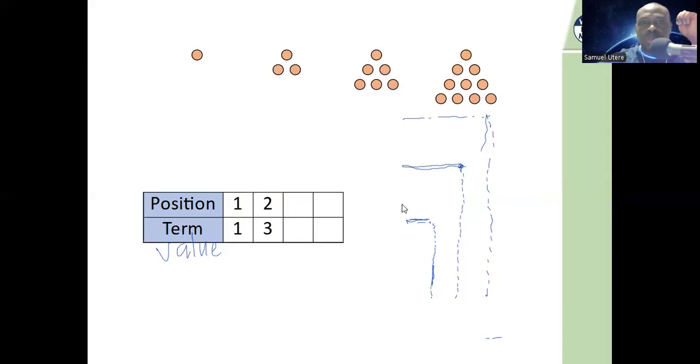Position 3, the term value will be 6. You can see there are 6 items there. And position 4, the term value will be 10. You can see there are 10 circles there, 10 items there. Could be squares, could be anything.